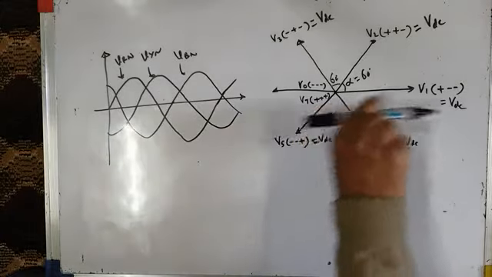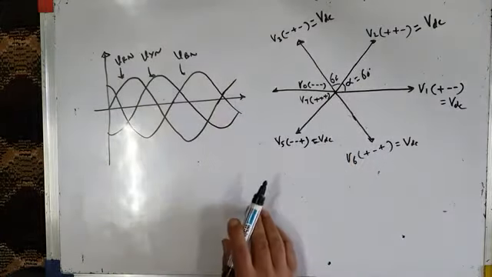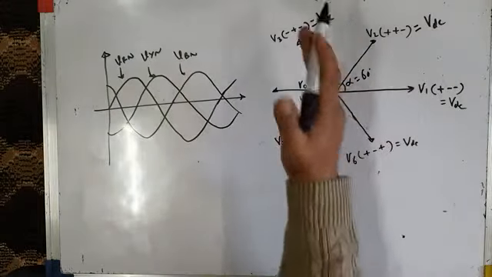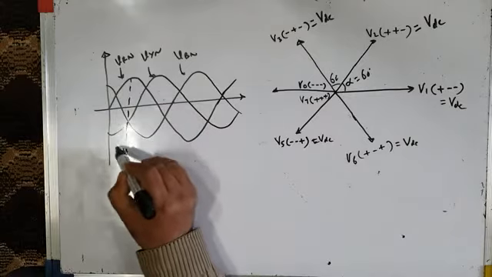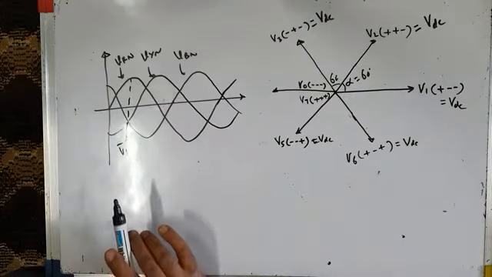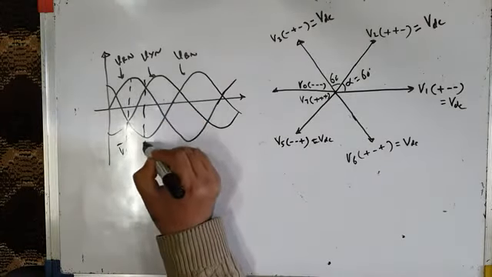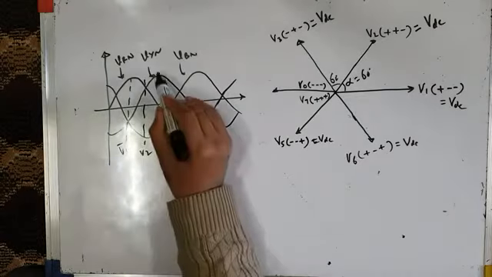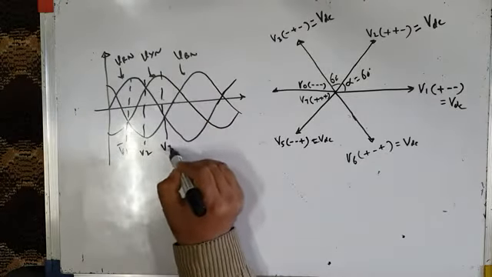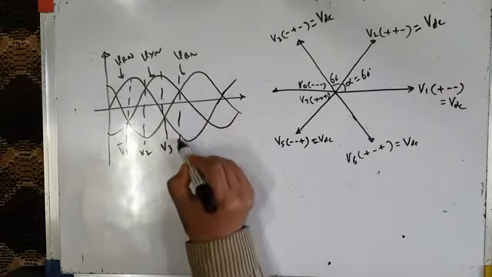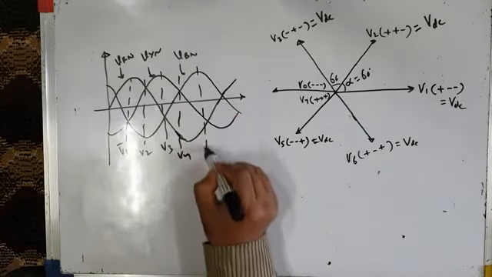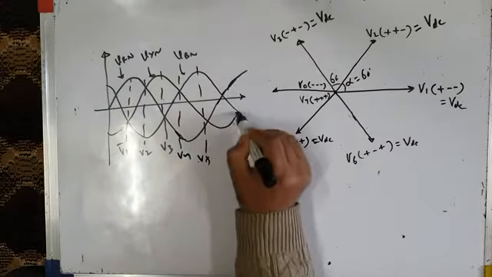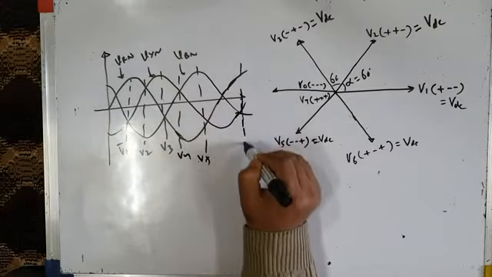A set of three-phase sinusoidal voltages should get applied across the load. Right now, when these 6 voltage vectors are applied across the load after every 60-degree interval, this is voltage vector V1, it is there for 60 degrees. This is voltage vector V2, it is there for 60 degrees. Voltage vector V3, it is there for 60 degrees. Voltage vector V4, this is there for 60 degrees. This is V5, and similarly, this is somewhere here V6.